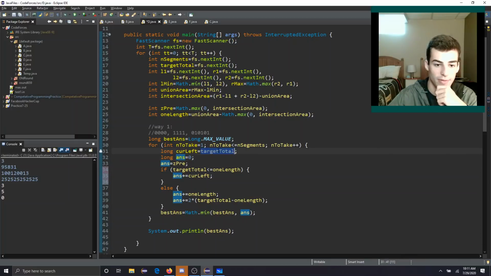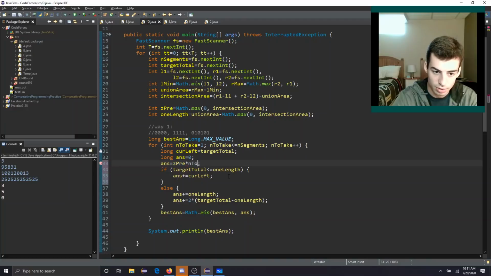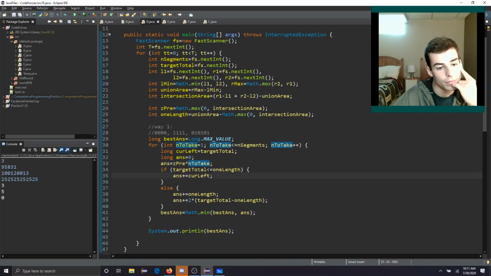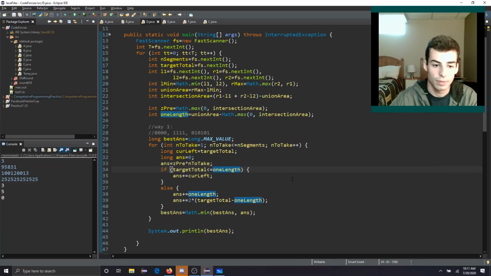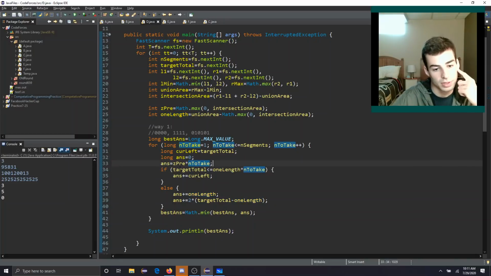Alright, so the current left is going to be the target total. It's equals 0. Z pre times n take. Yeah, okay, so now if less than, let's make this a long, so we don't need to worry about multiplying. 1 length times n to take. If it's less than or equal to that, plus equals current left.